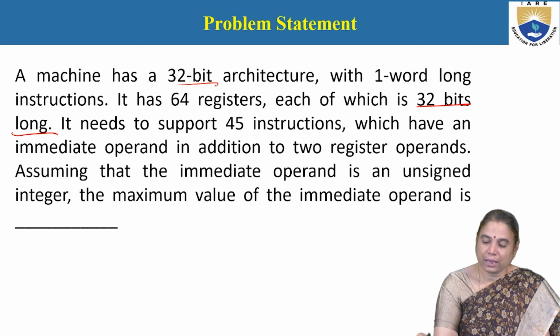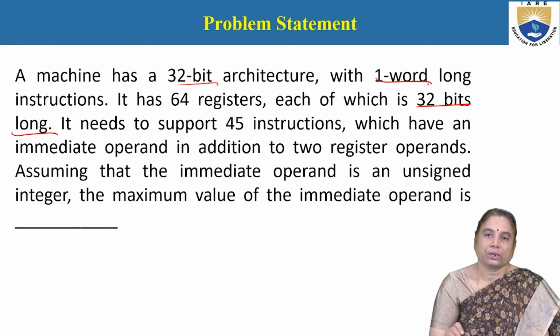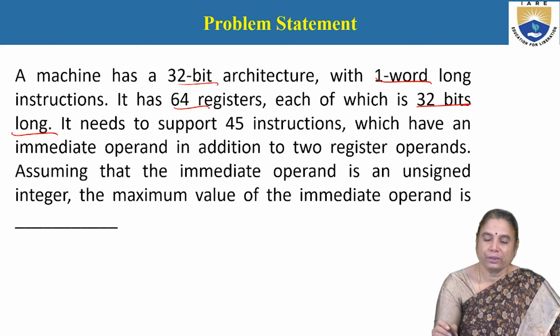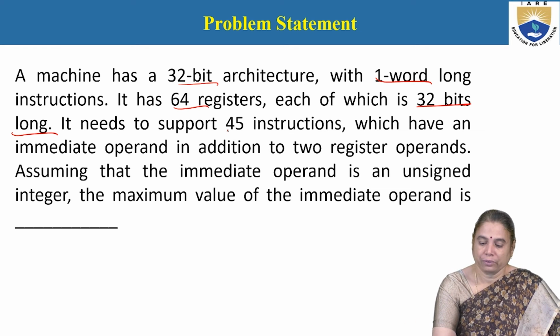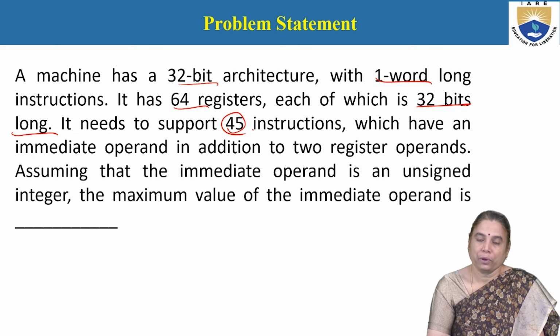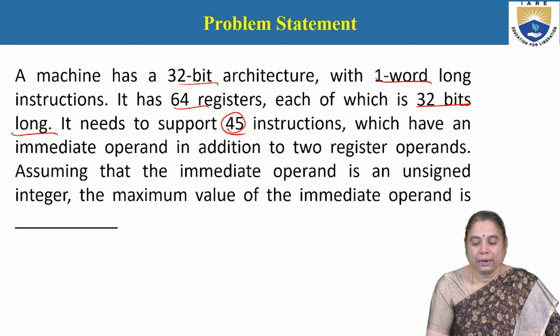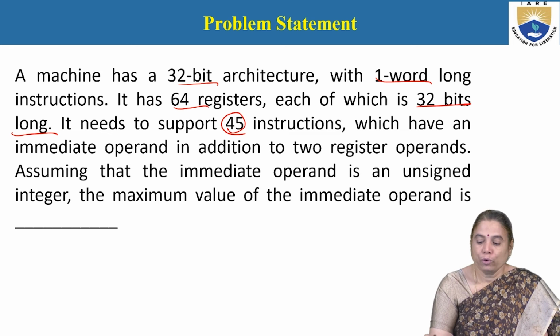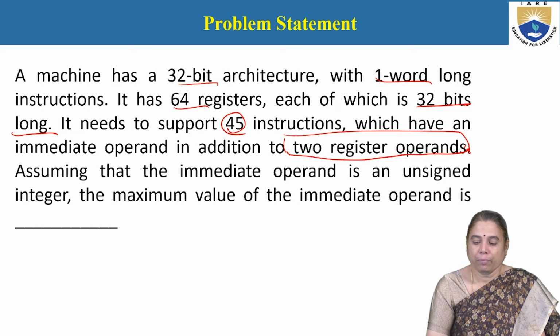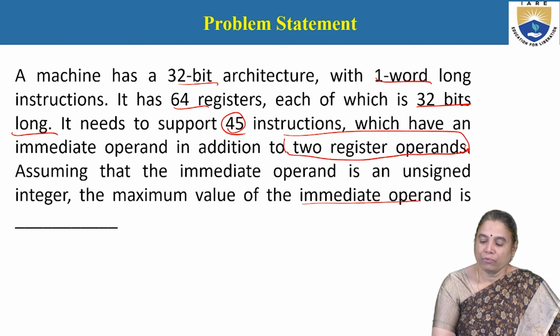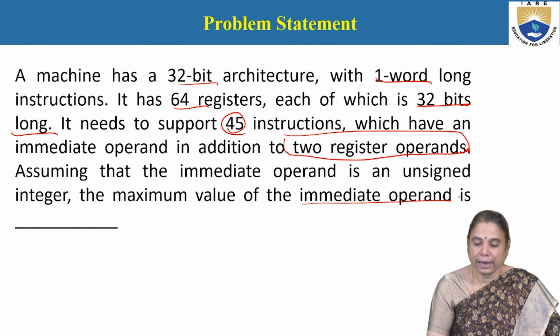It needs to support 45 instructions, and each has an immediate operand in addition to 2 register operands. Assuming that the immediate operand is an unsigned integer, the maximum value of the immediate operand is dash.